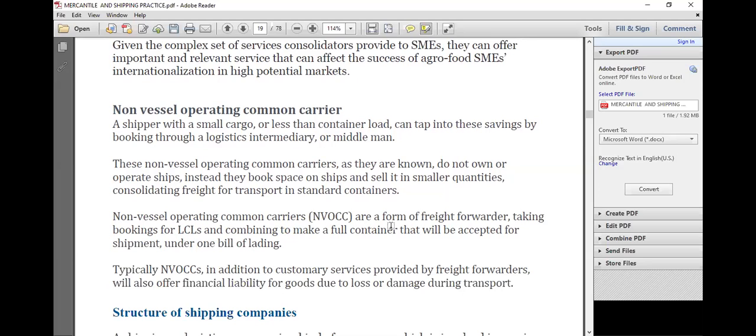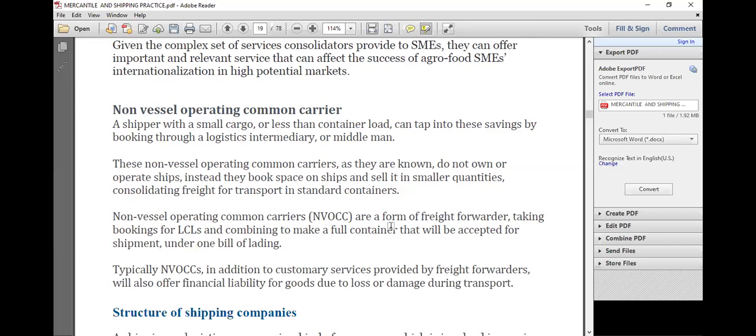Okay, so in an NVOC, the contract of sea carriage of goods is between the NVOC provider and the shipping line. And in this case, for the shipper, the contract is between you and the NVOC.